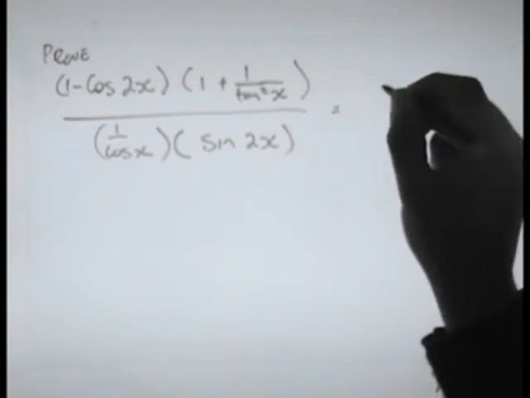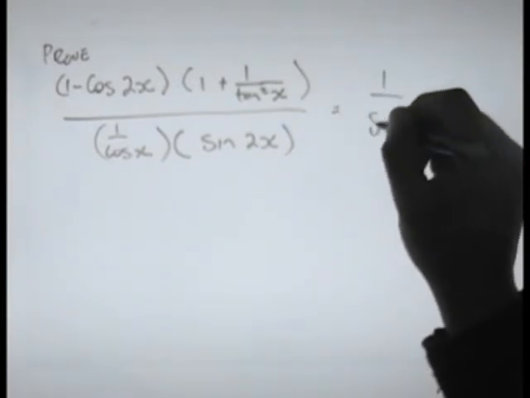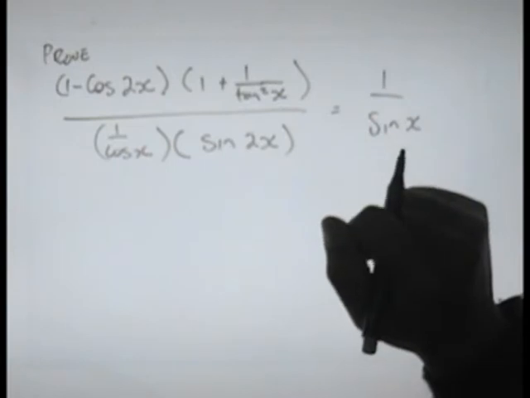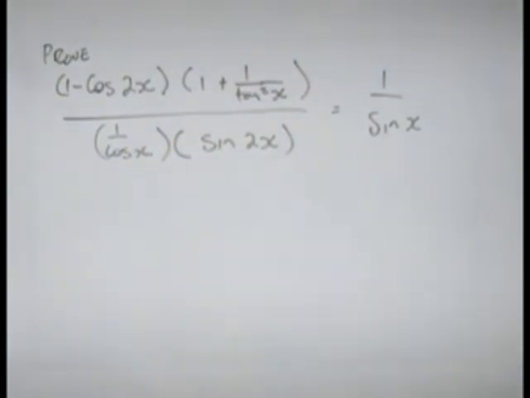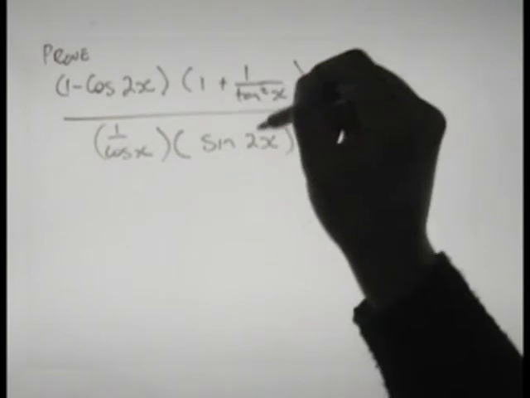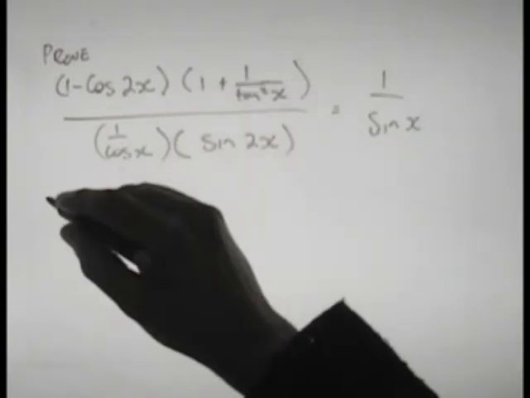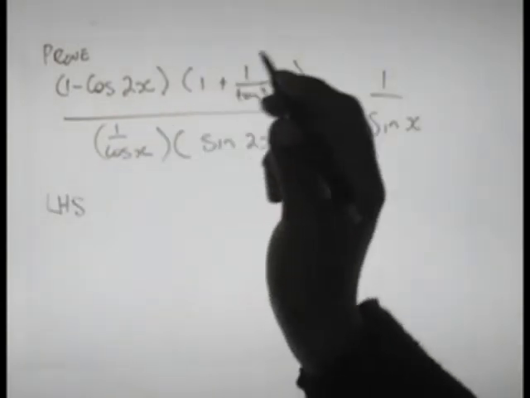And I need to prove that that is equal to 1 over sine x. Now, I'm going to start off with the side that looks most difficult. Most people would agree that the left-hand side is the more difficult side, so I'm going to start with that.